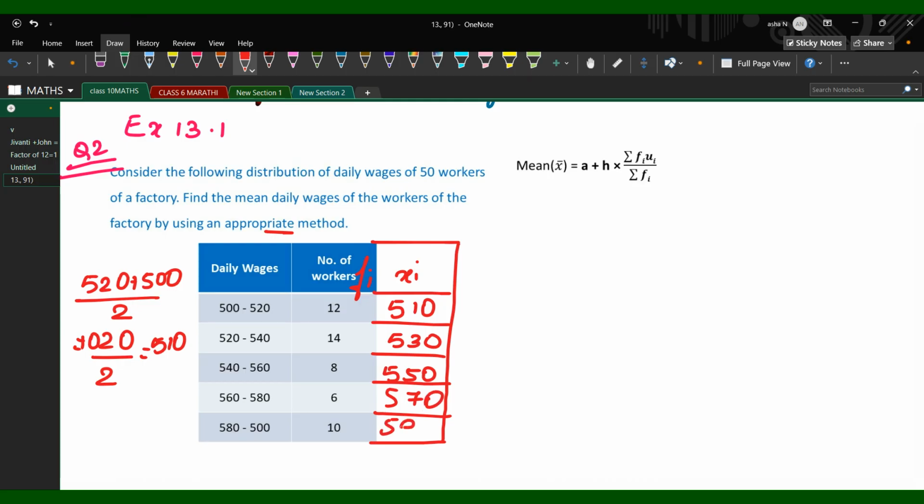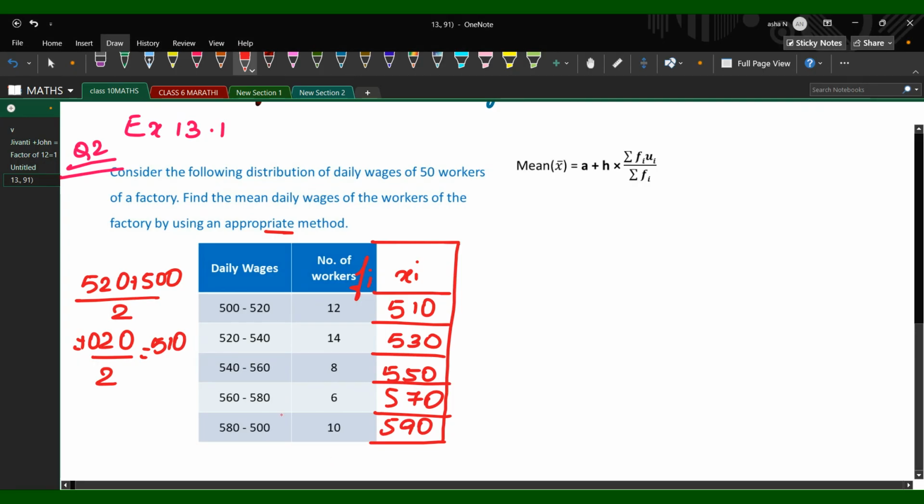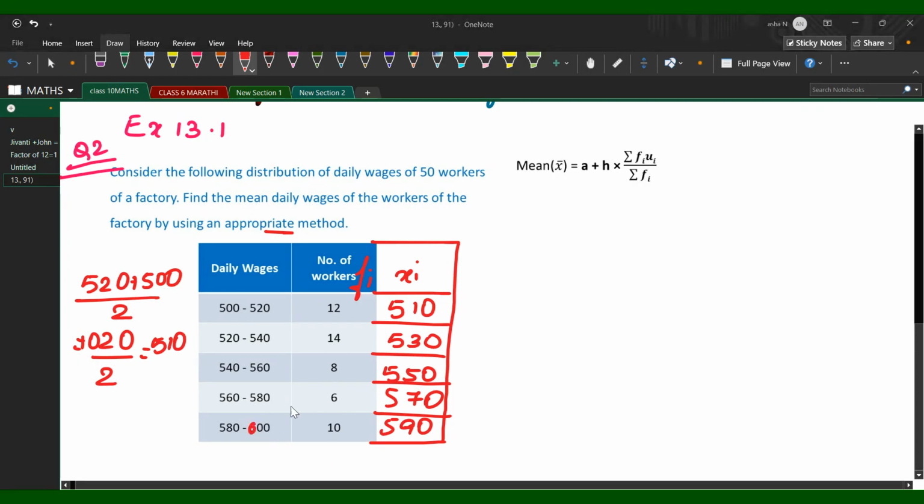Any doubt, any confusion how I got xi? Oh yes, it should be 580 to 600, correct. Question error.